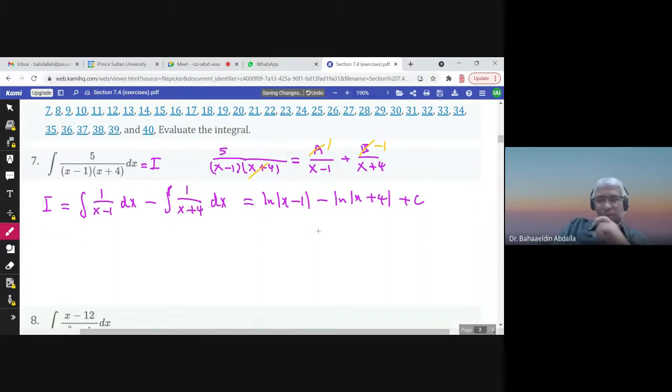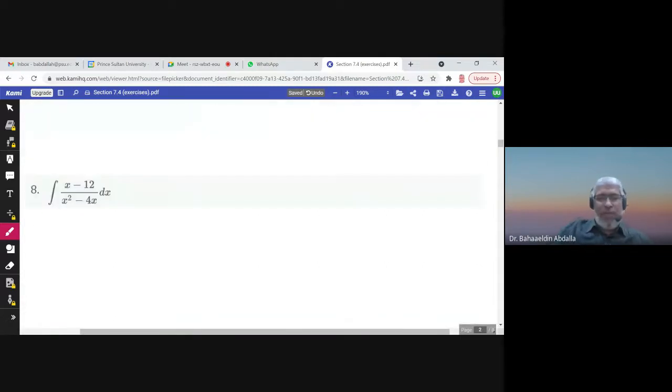So that's the answer. Here I have, let me call this I, integral of x minus 12 over the denominator. I take x as a common factor, so I'll have x times x minus 4. I can write this as a over x plus b over x minus 4.